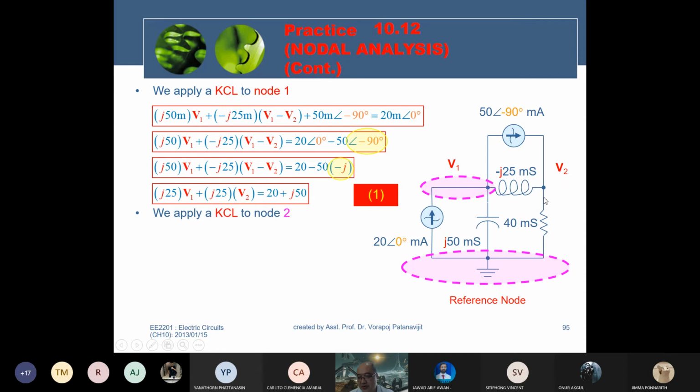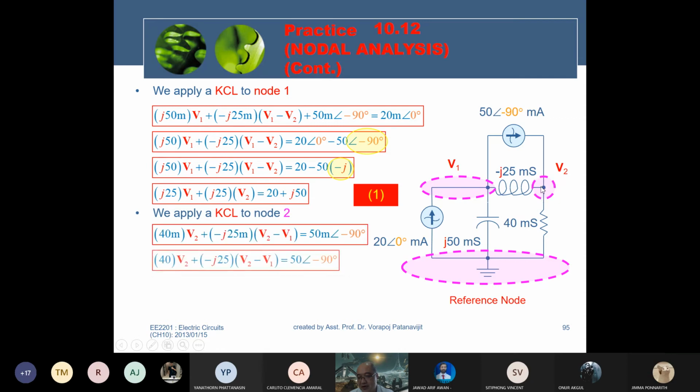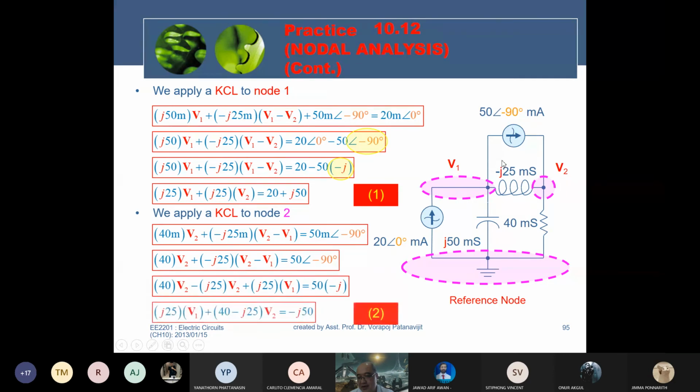For V2, we have three branches connected to it: 1, 2, and 3. How many currents get in? Only one current gets in, 50 minus 90 degree. Current getting in equals current getting out. Two currents get out into branches.